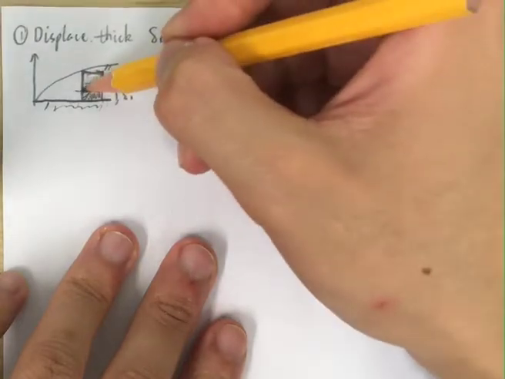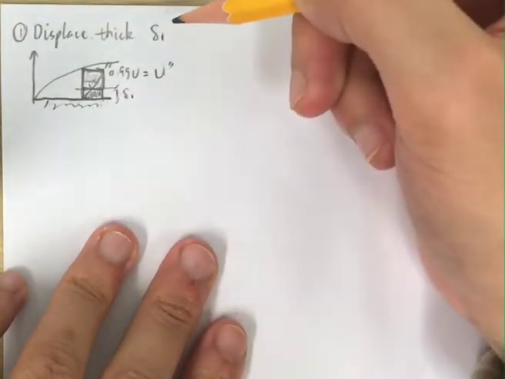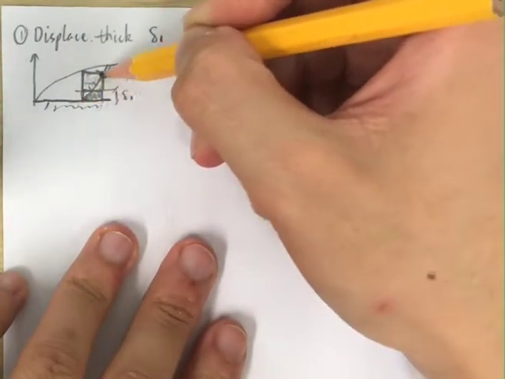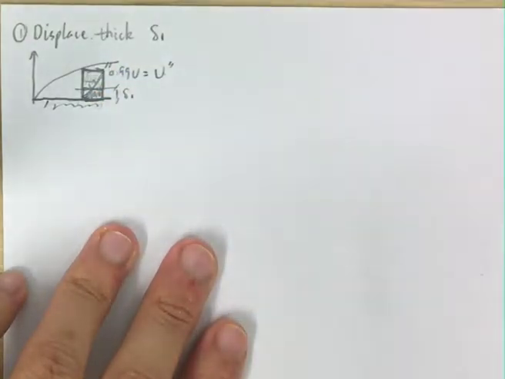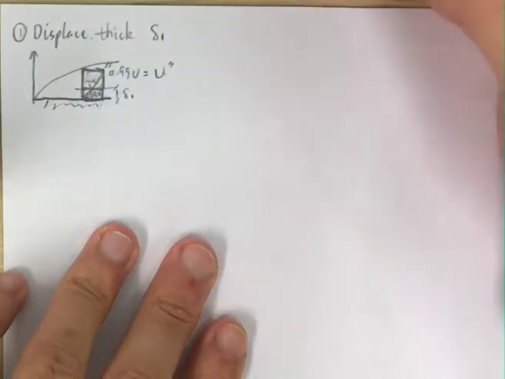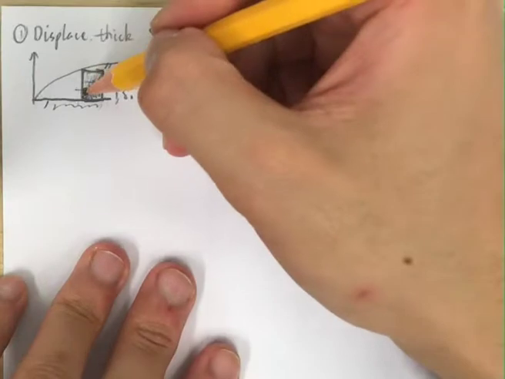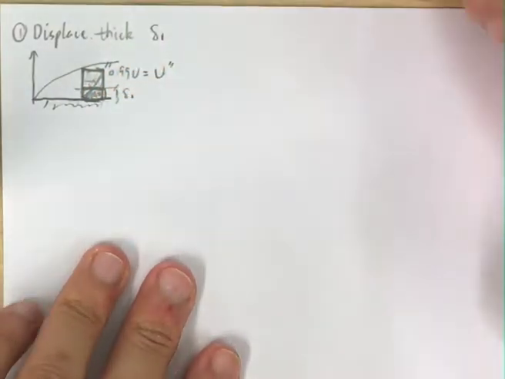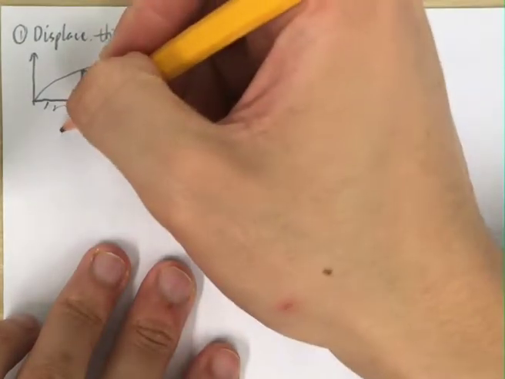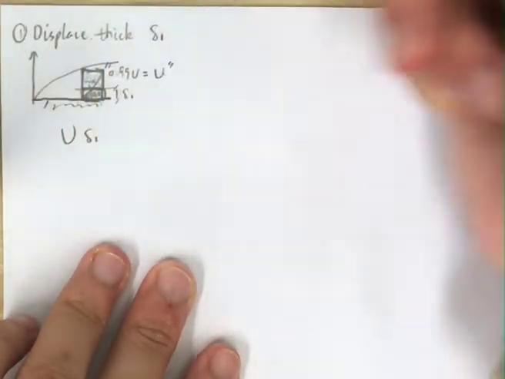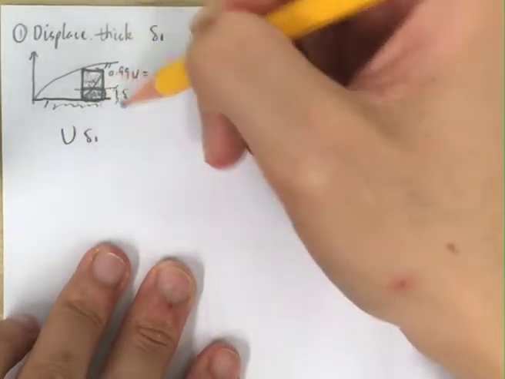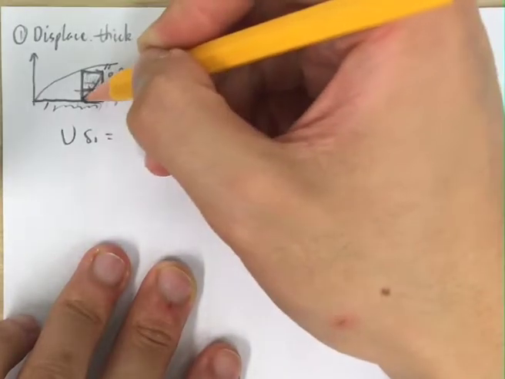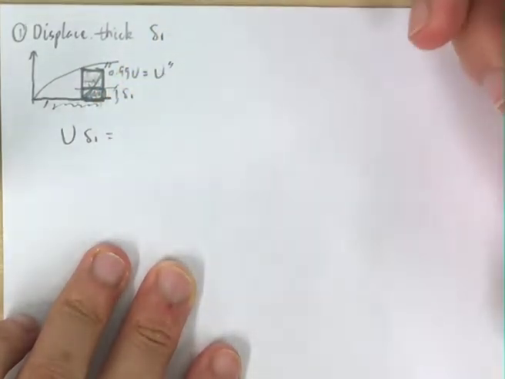We get that this rectangle should be equal to the area of this part, right? We can calculate them separately. First, this rectangle. The area of this rectangle is what? U times delta 1, right?